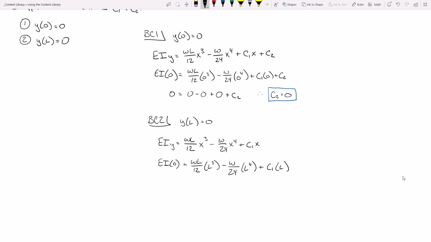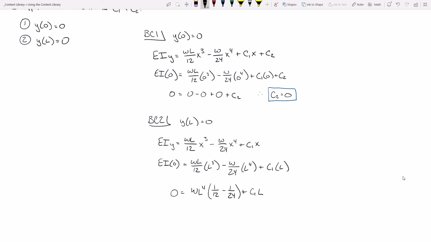Okay. So 0 over here equals, now watch what I'm going to do. Hey, look what I've got. We have W, well, it's not WL to the fourth, but you're kind of on the right track. So WL to the fourth over 12 minus WL to the fourth over 24, and that is WL to the fourth times 1 over 12 minus 1 over 24, plus C1 times L. Y'all see what I did there?